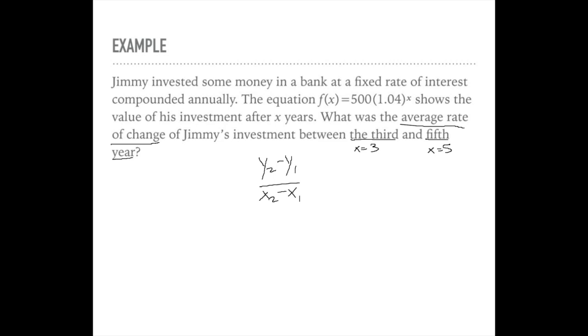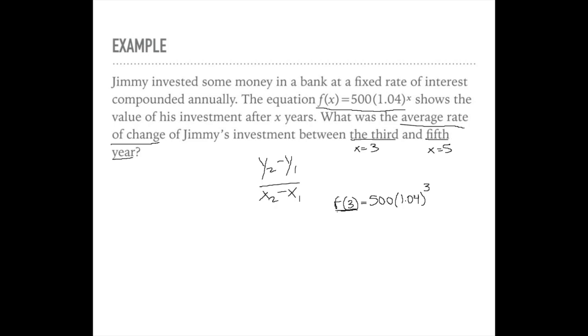In other words, given my equation, what is f of 3? That's fancy language from the very first vocabulary slide that says if x is 3, what is my y value? To find that out, I'm going to have to do 1.04 to the third power and multiply that by 500.